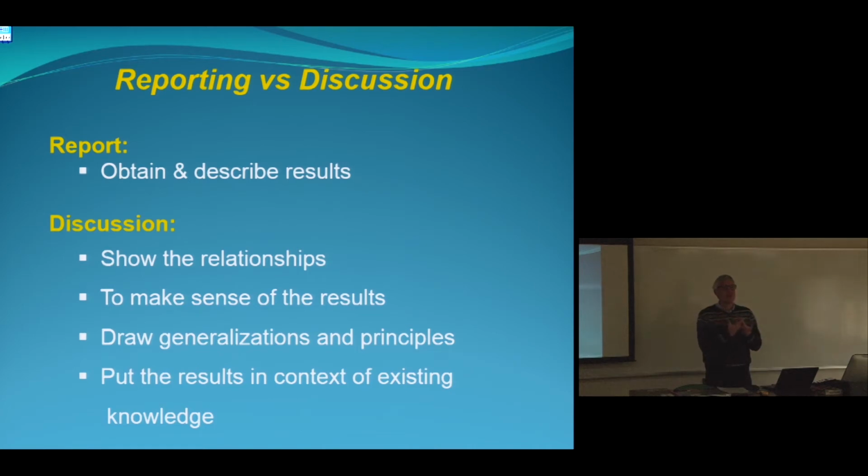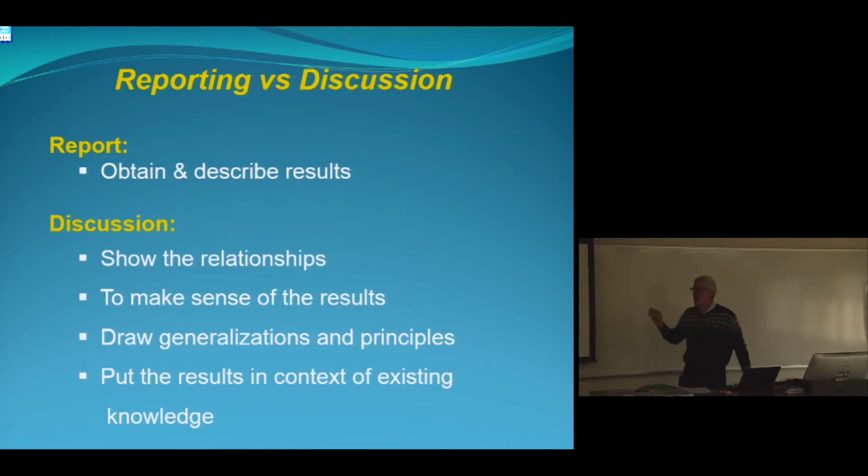It doesn't give you any context. It doesn't give you any understanding of what those results mean. You, the researcher, or you, the person who's writing the abstract, are the one who is most knowledgeable about what those results mean. And you need to convey that information to the reader.